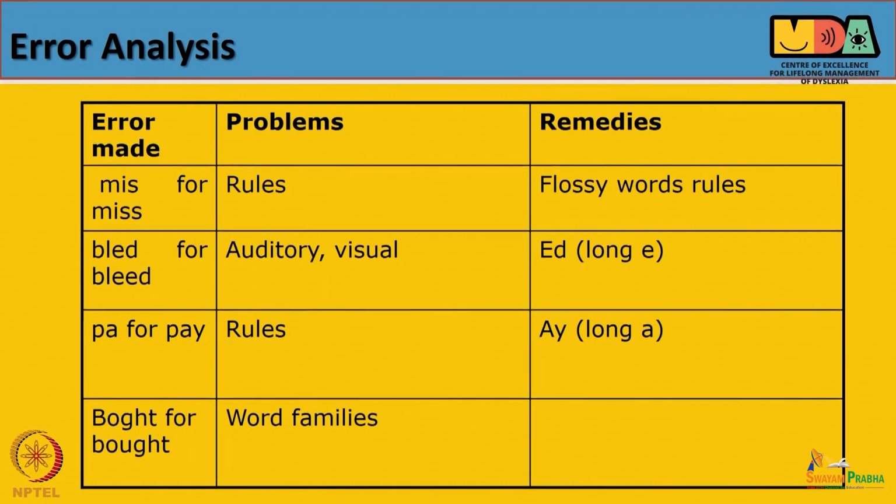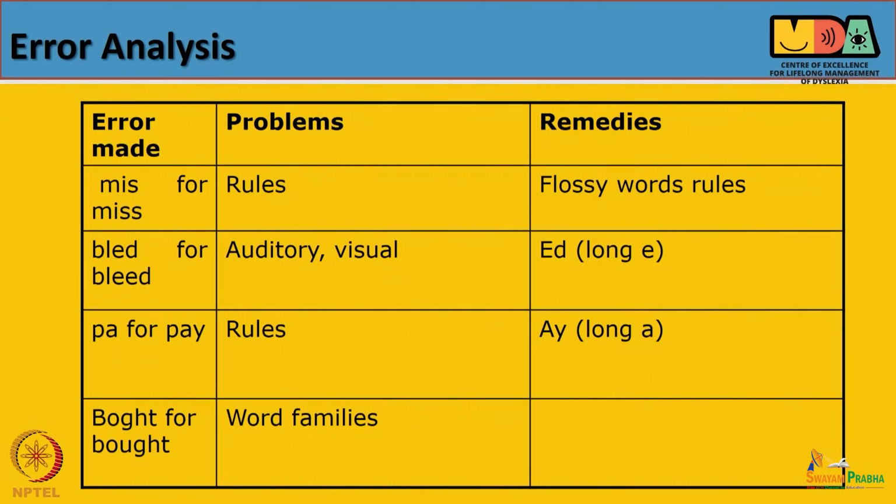So we need to teach him, these are long E vowel sound words. Bleed. And the fact that ED says ed, which is a short vowel. Once we can help him understand the difference between the short vowel sounds and the long vowel sounds, he usually will be able to correct himself.